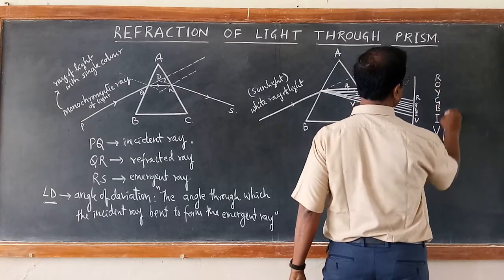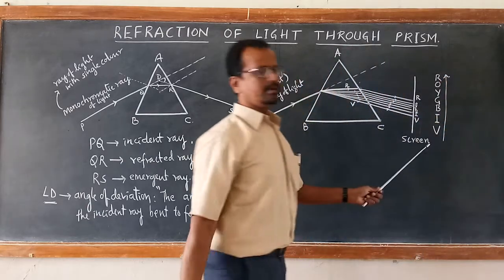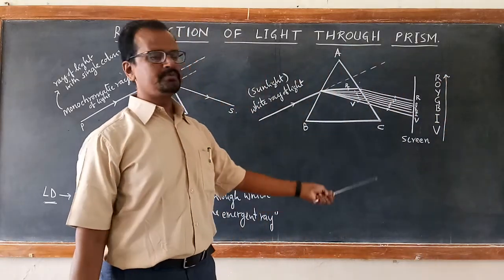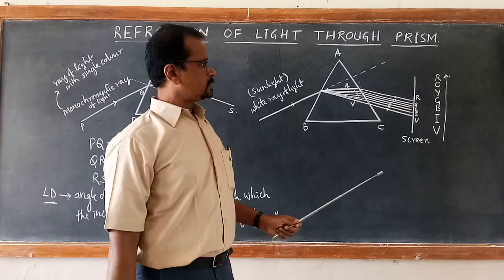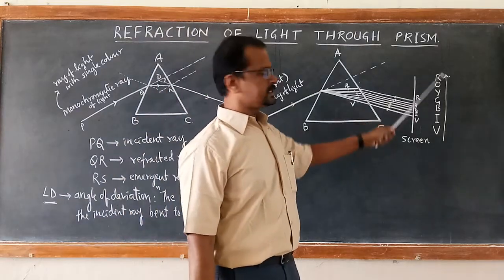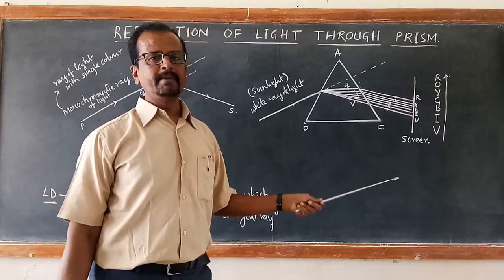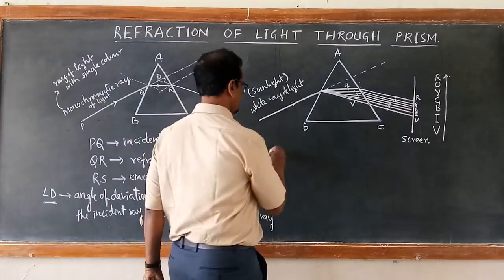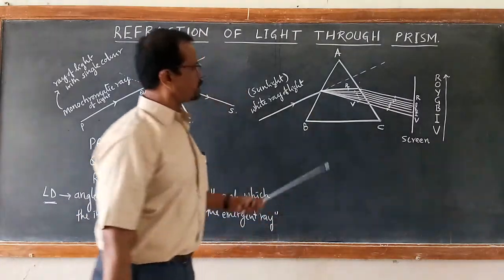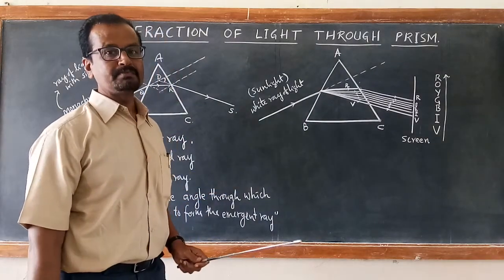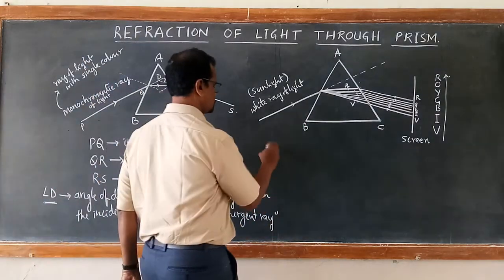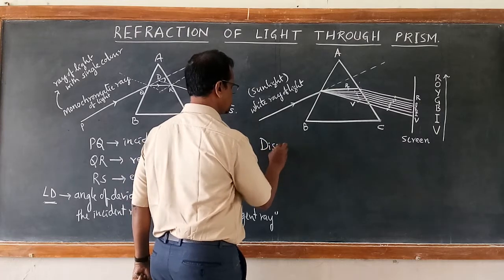So you can remember it as VIBGYOR. Red is least bent and violet ray of light is bent most. So this phenomenon is called as dispersion.